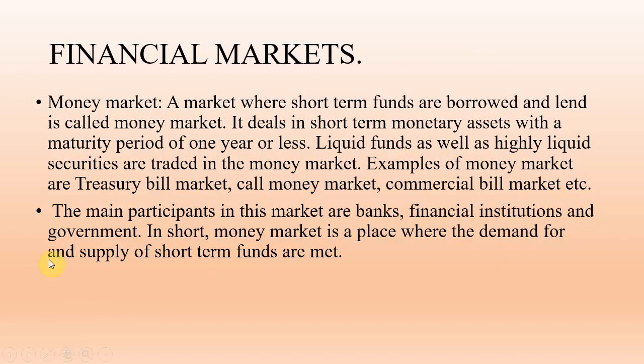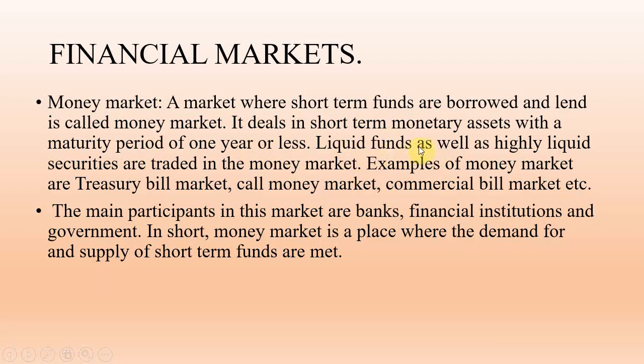Financial markets, that is the money market. A market where short-term funds are borrowed and lent is called a money market. It deals in short-term monetary assets with maturity periods of 1 year or less. The money market is for the short term, less than 1 year.